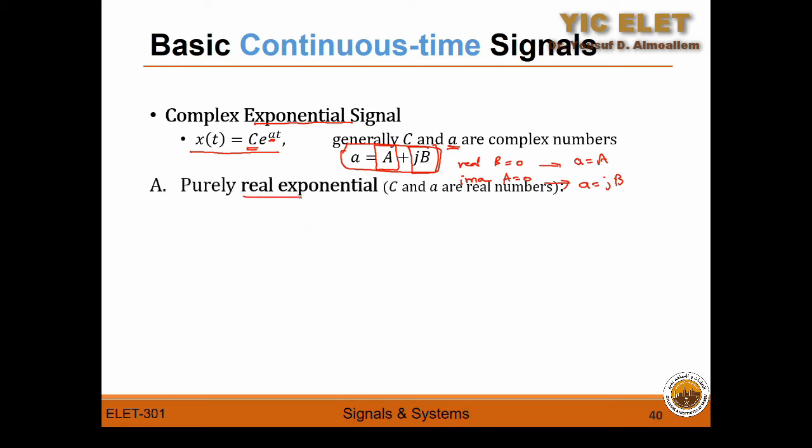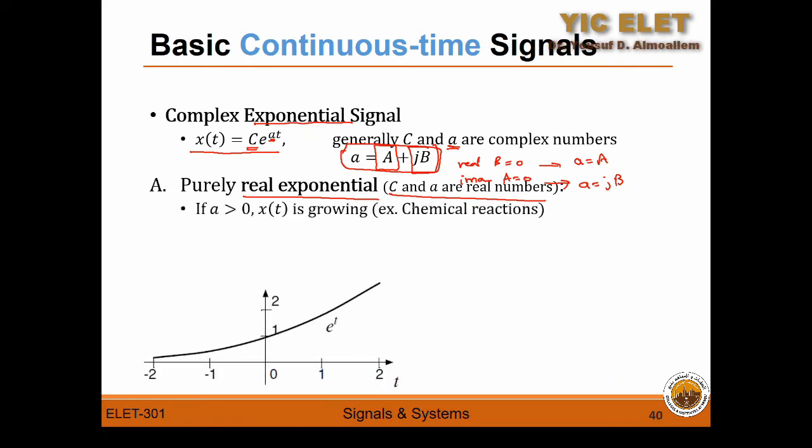Now, if it is a purely real exponential, then c and a are all real numbers. Let's consider first if a is greater than 0, then x of t will be growing, as you can see here. When a is equal to 1, we have e to the t, which is exponentially growing, and this is an example of chemical reactions.